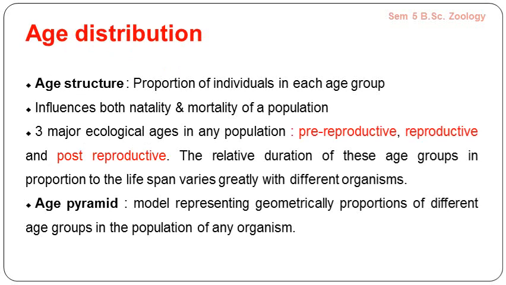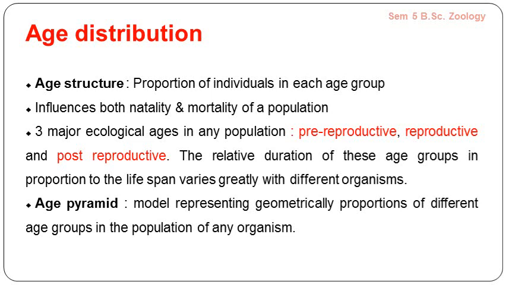So last among the attributes of population is age distribution. The age distribution actually influences both natality and mortality of a population. We are speaking about the population. Okay, so age structure is actually the proportion of individuals in each age group.